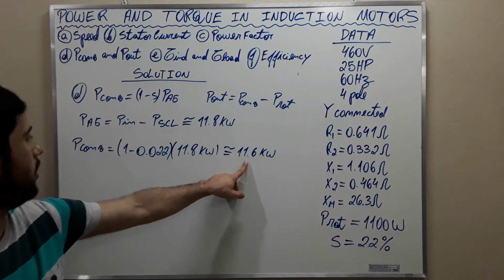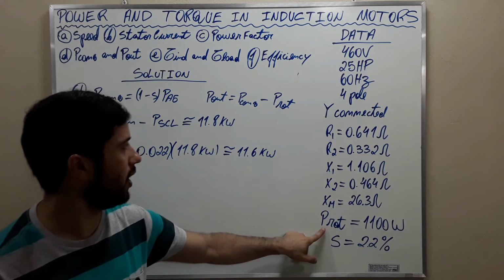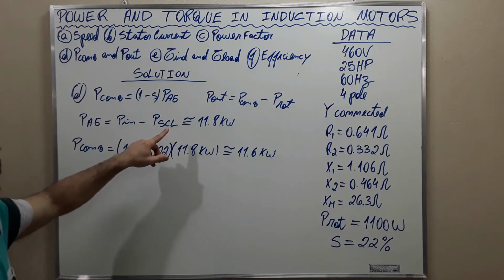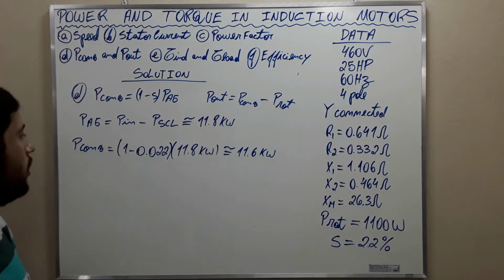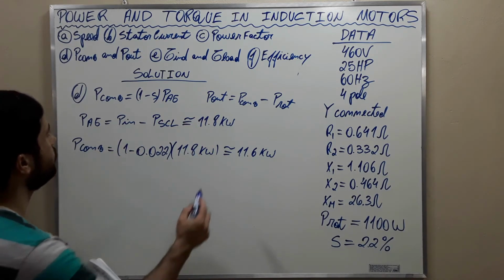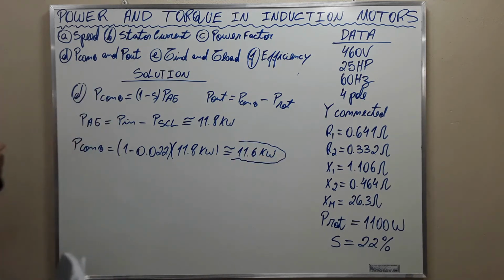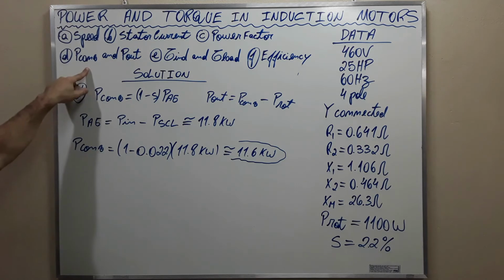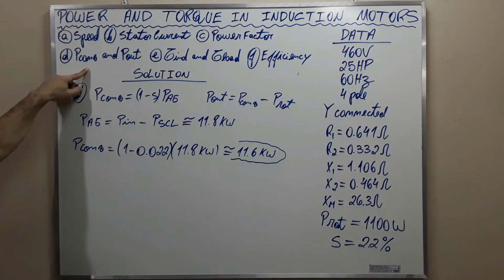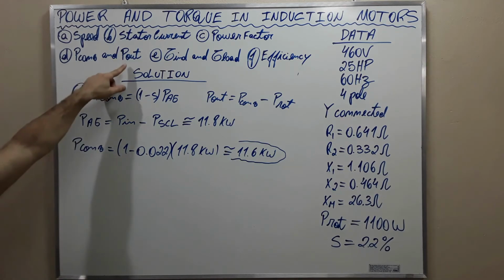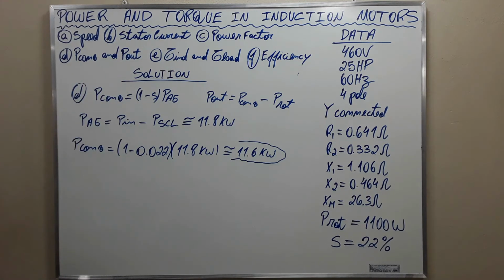So this is the first result of letter D. Letter D wanted us to calculate the power converted from electrical to mechanical. And with this value and this value, we can calculate the output power.